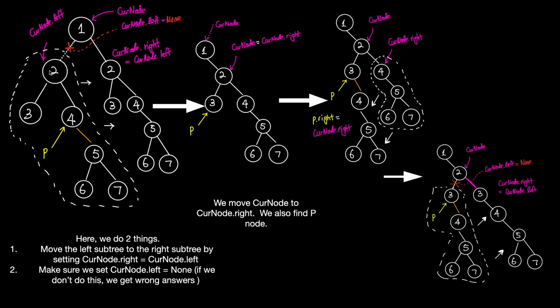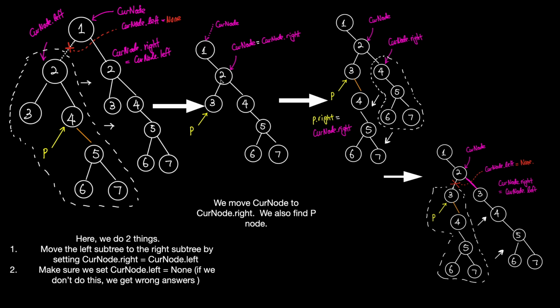Now we do the same thing where we move all this left subtree to the right subtree, and we do that by current node dot right equal to current node dot left. And don't forget, we must cut this relationship by setting current node dot left equal to none, then this linkage will disappear. Then we will get this.